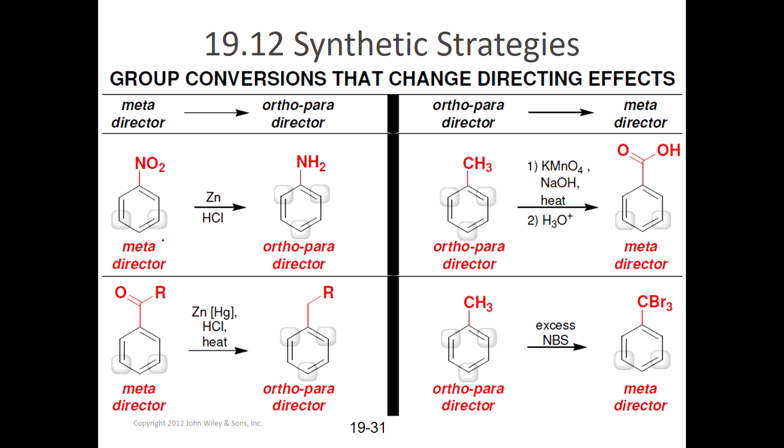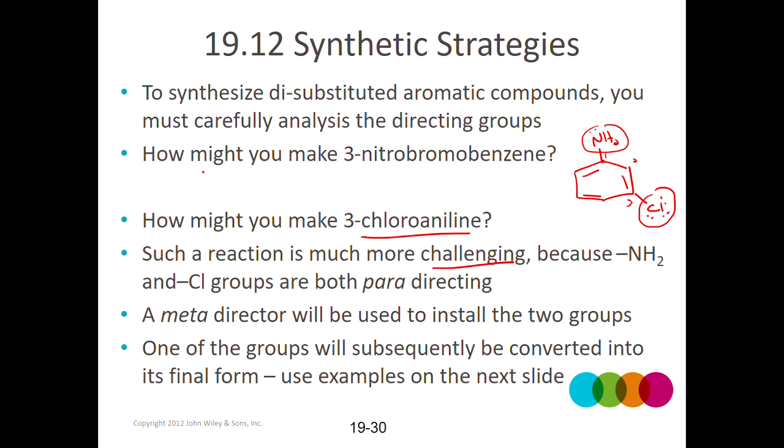If you want to start with a meta director, connect something to a meta position, then you can reduce it to something that would have been an ortho-para director. And so there's a couple different examples of those types of things. So here, though, what I would start with, if I were starting with benzene, is I would put the nitro group on first.